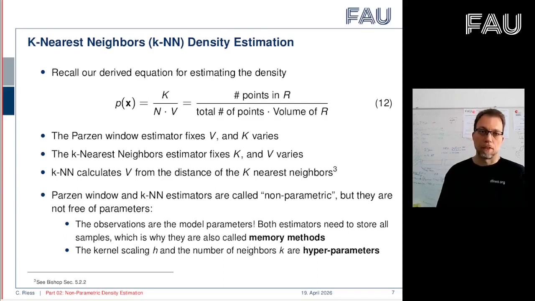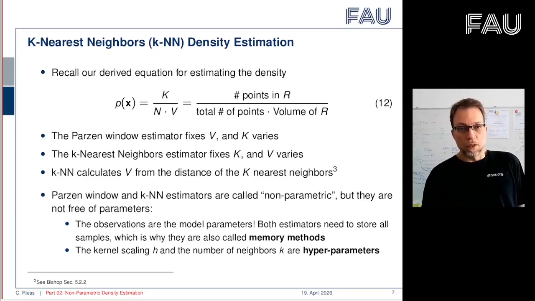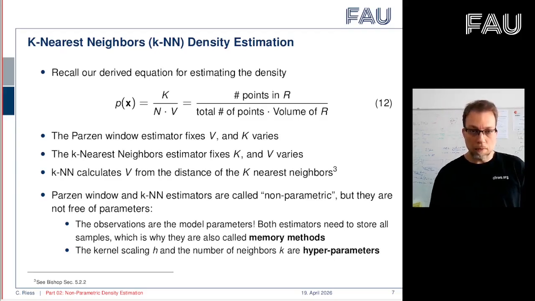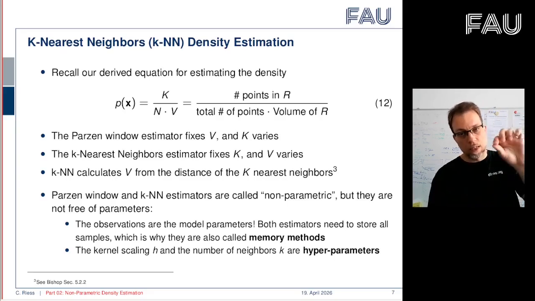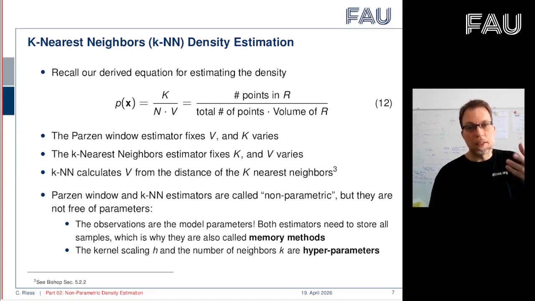The alternative is the k-nearest neighbors density estimator. For this, let's have a look again at our derived equation for the density estimation: number of points in the region divided by total number of points times the volume of that region. Now, the Parzen window estimator fixed the volume and then checked which samples end up in our window. The k-nearest neighbor does it the other way around.